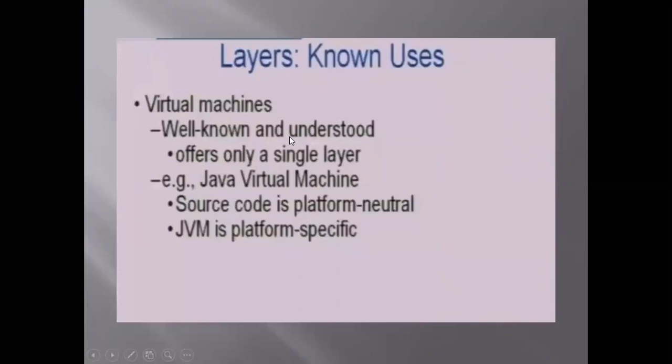The other known use we will see is virtual machines. We can quickly recollect the Java virtual machine. As the source code is platform neutral and the JVM is platform specific, this can be one of the best known uses.